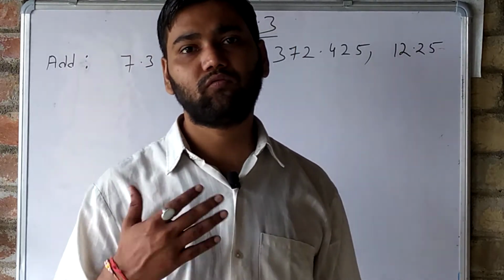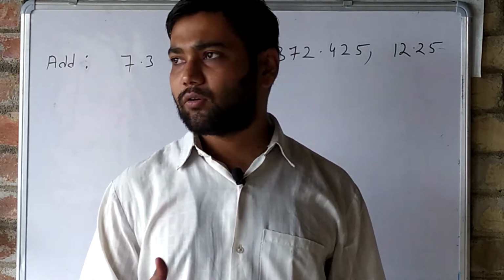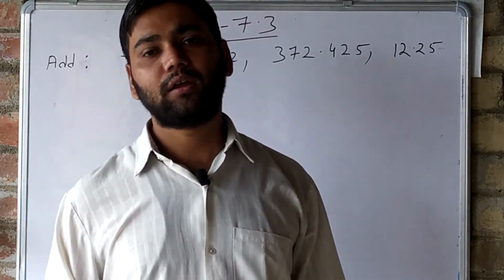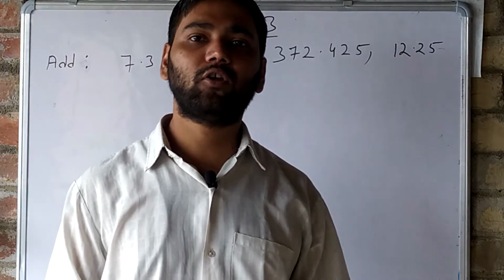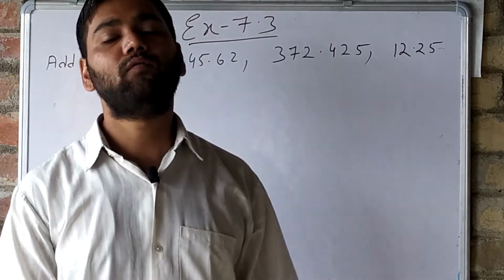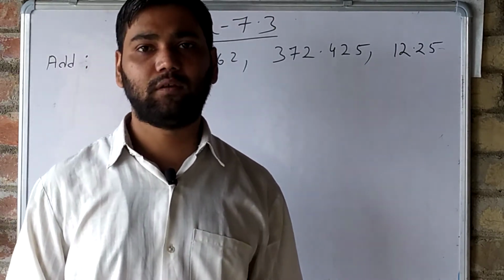So we just need to try with the alternate numbers, so that we get the denominator in terms of 10. If we can get the denominator in terms of 10, we do not have to divide, and that will be easier for us.